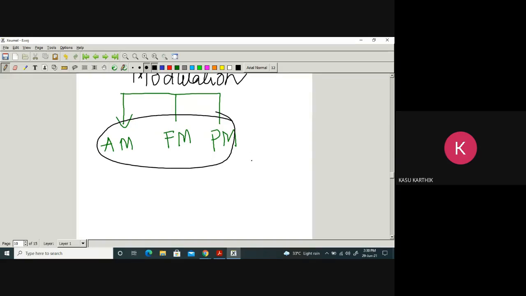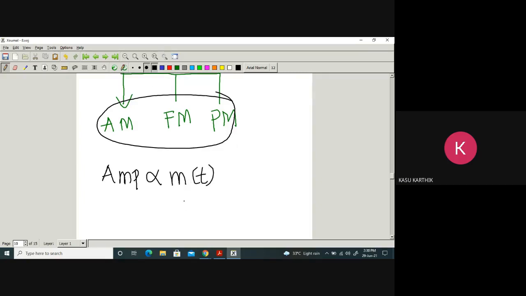In AM, what is happening? The amplitude of the carrier is varied according to the message signal. In FM, the frequency of the carrier is varied according to the message signal.